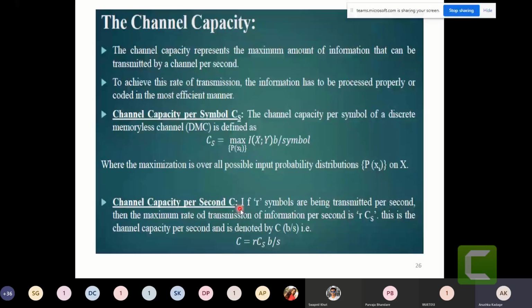So with that maximum of transinformation possible on the channel, we have to multiply how many symbols that channel is capable of transmitting.